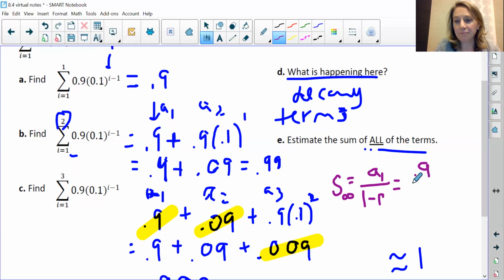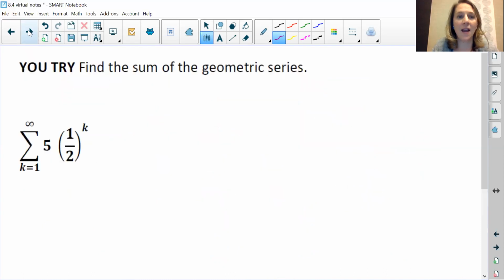And we get 0.9, and then over 1 minus the rate, which in this case was 0.1, and that does give us 1. So we figured this out, and we tried a couple, and then I asked you to try a few on your own. So let's see how you did.